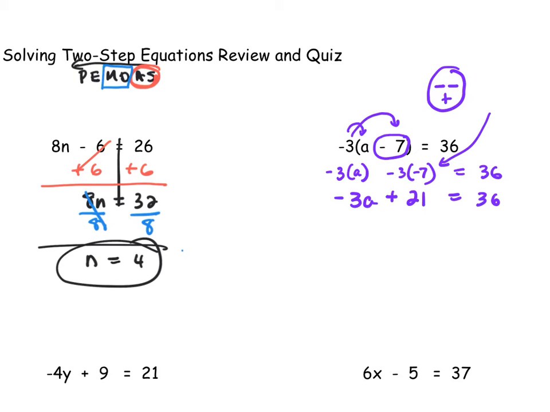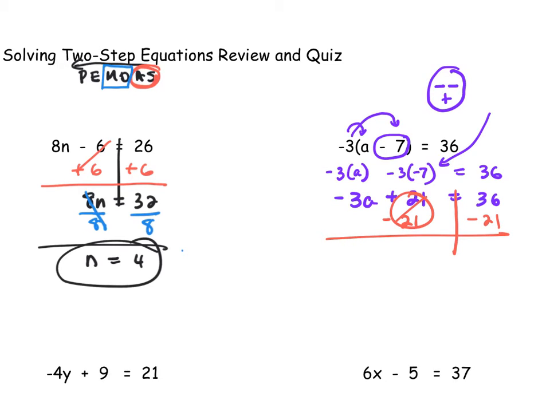So now we have a two-step equation on our hands that we want to solve. Our goal is to get a by itself. We want to know what a equals. So we want to get rid of the constant. I'm seeing that I'm adding 21, so we're going to do the opposite. We're going to subtract 21 on both sides of the equation.